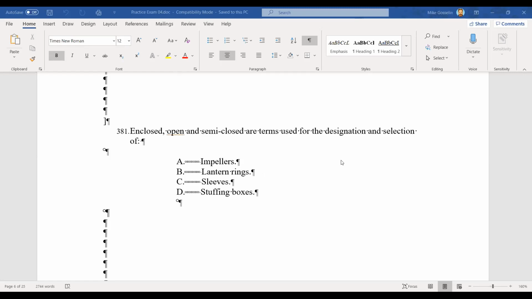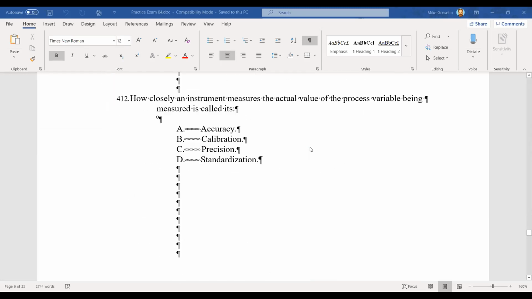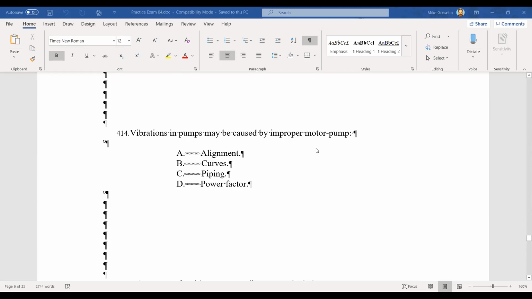Bear with me for a second. Okay, let's skip to this one. Vibration in pumps may be caused by improper pump to motor... Yeah, you bet, alignment.